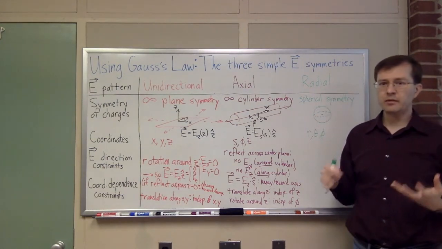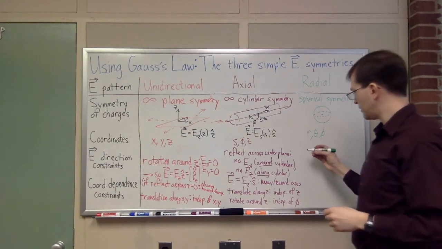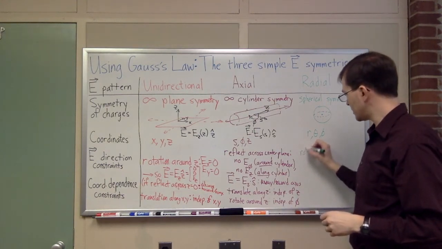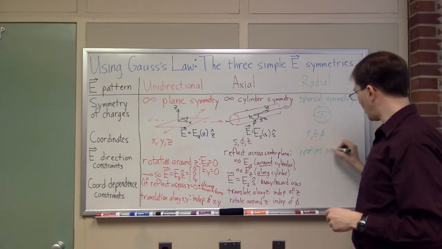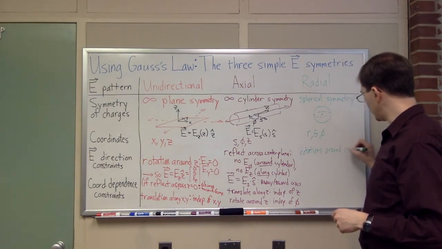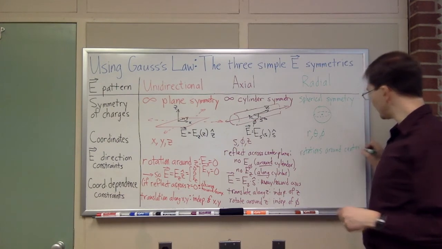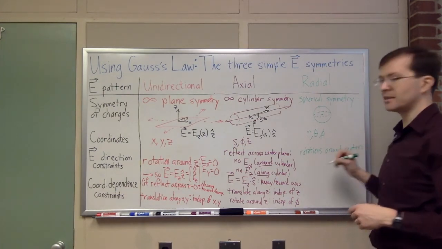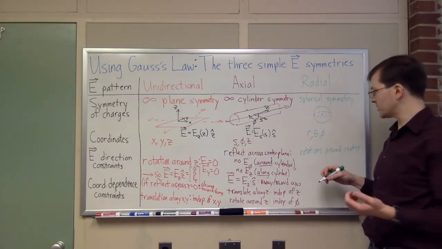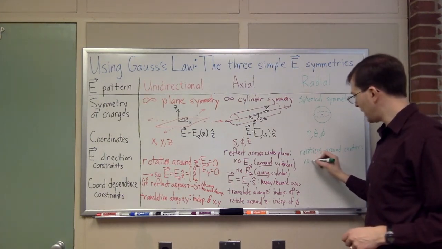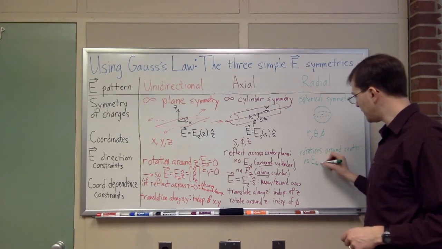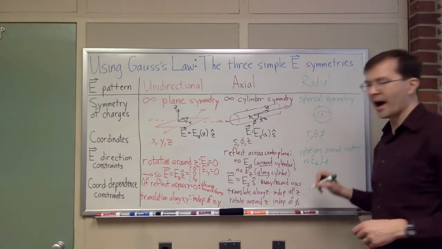So by just rotational symmetry, rotations around the center, that set of rotations limits us, because we have that rotational symmetry. That tells us that we can't have any theta or phi directed fields.